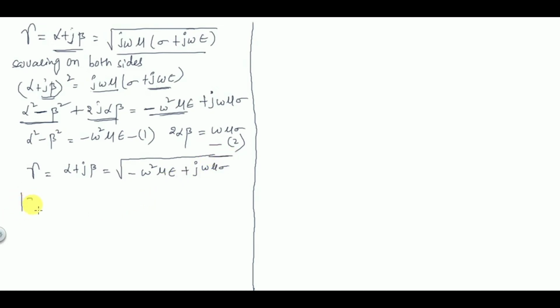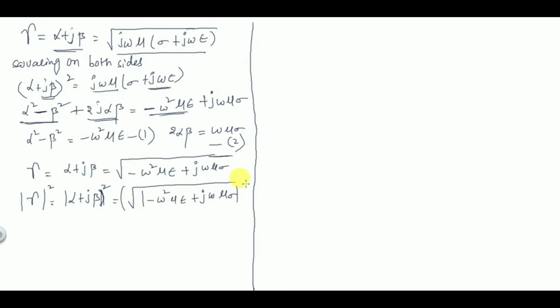So the modulus of gamma will be the modulus of alpha plus j beta. If you take the square here, then you can take the square here also. So this is also the modulus of minus omega square mu epsilon plus j omega mu sigma.